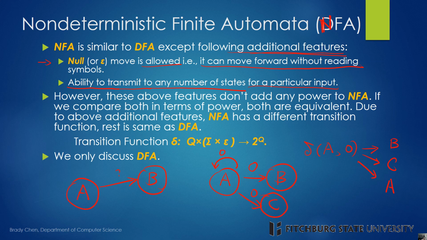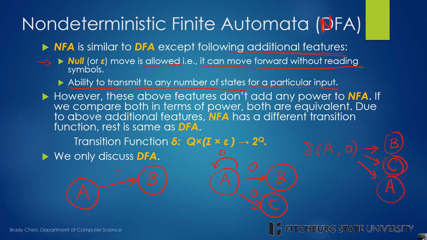So now our current state is A, and the input value is 0, and A combined with 0, then what's the next state? I don't know. I don't know what the next state is, but I can tell you what the possibilities are. The possible next state could be A, could be B, could be C.